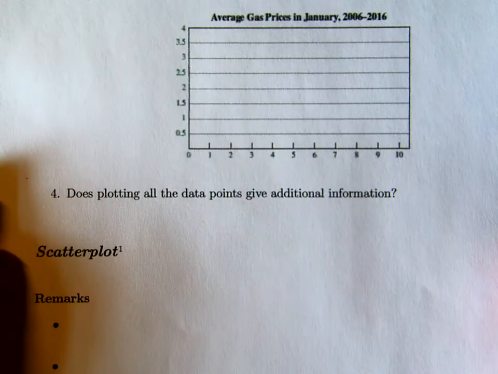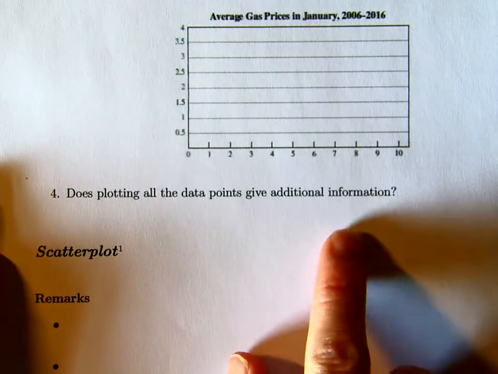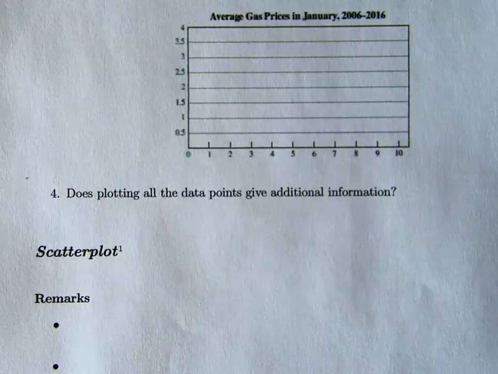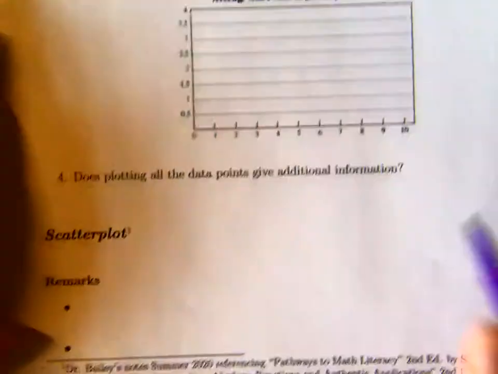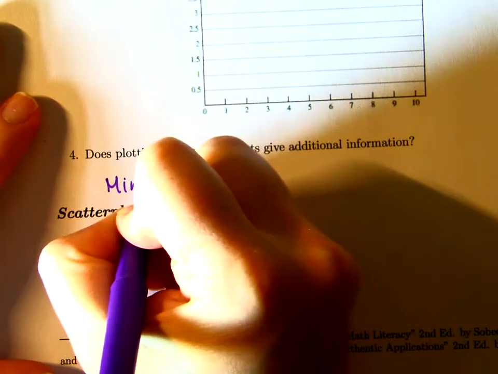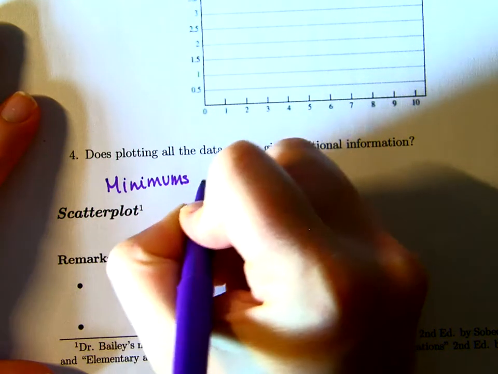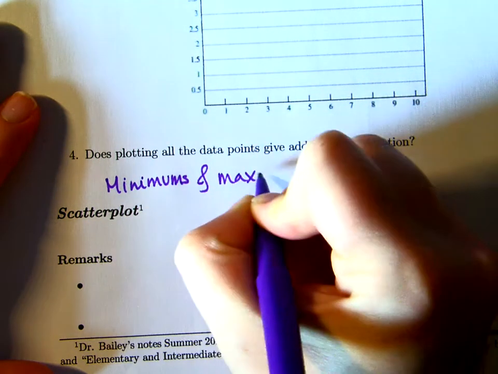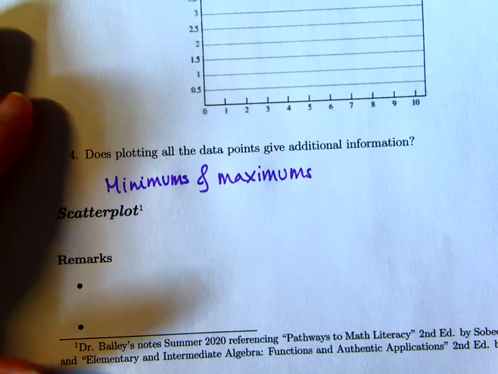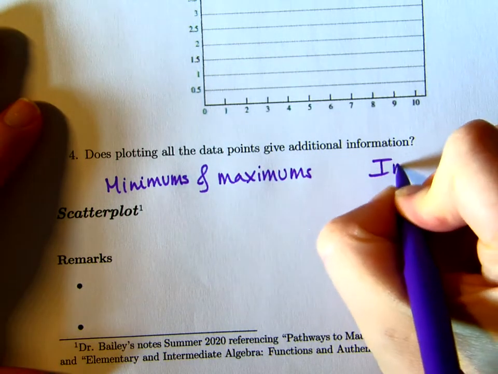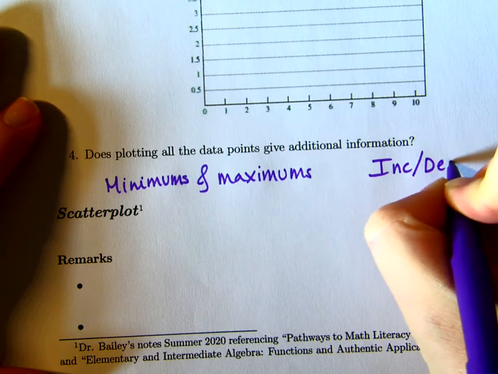Okay, so does plotting all the points give additional information? I would say yes. The first thing that my eyes went to: minimums and maximums, highest and lowest. It also tells me where it is increasing and decreasing.